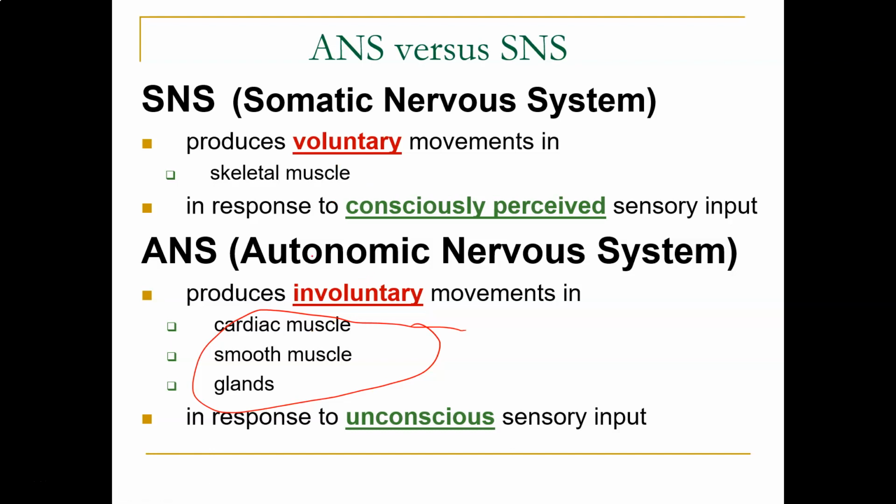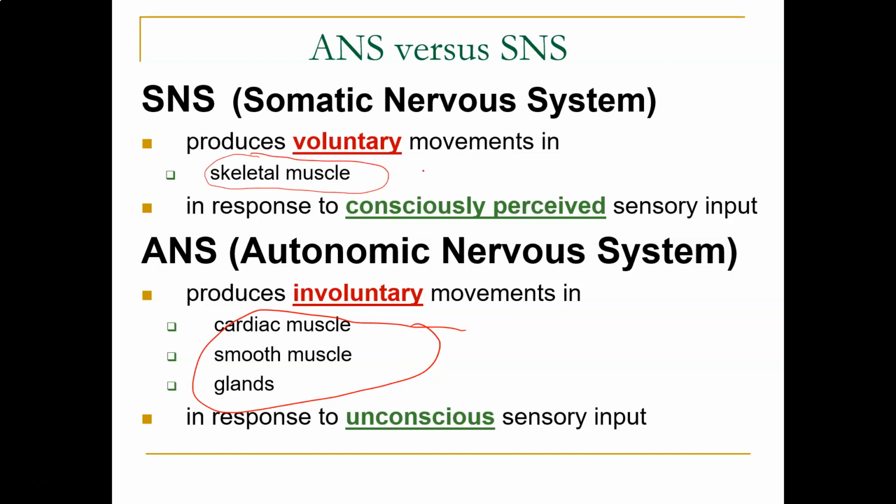Just to review before we talk more about those, the somatic nervous system is made up of your somatic motor neurons, and those are the ones we studied in our last unit, the ones that go to your skeletal muscles.